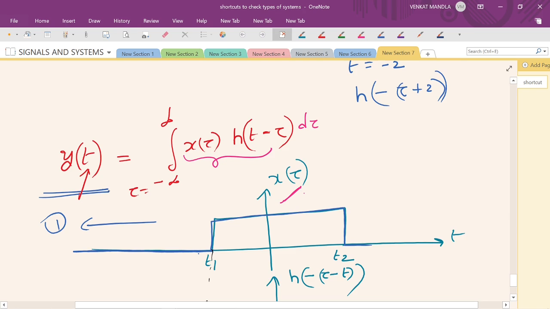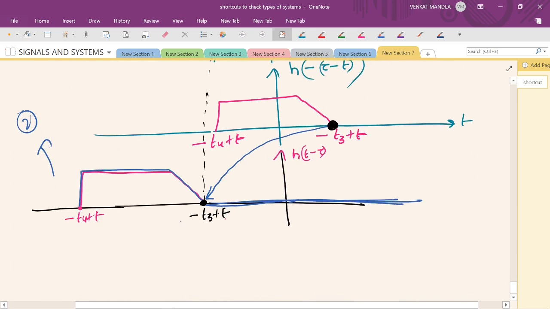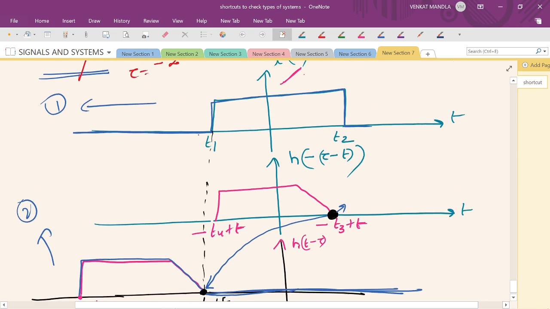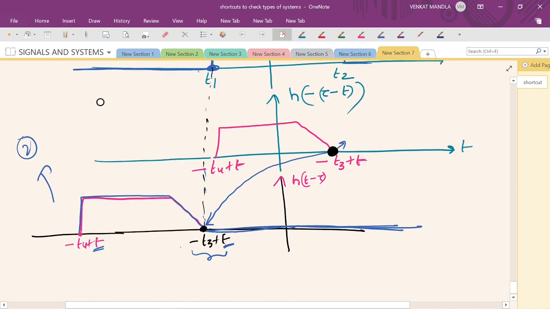If you choose that t value such that minus t3 plus t is at this point t1, then there is no overlap.